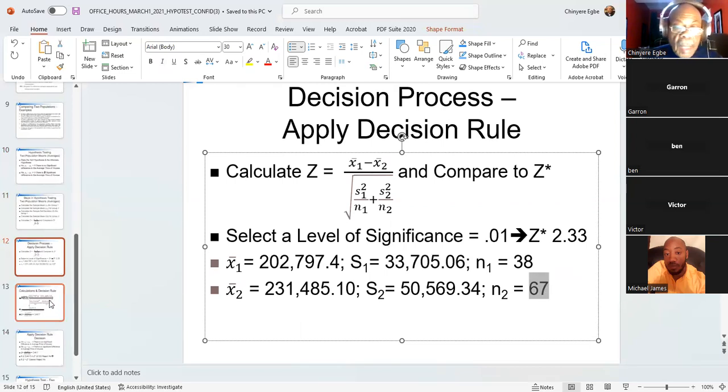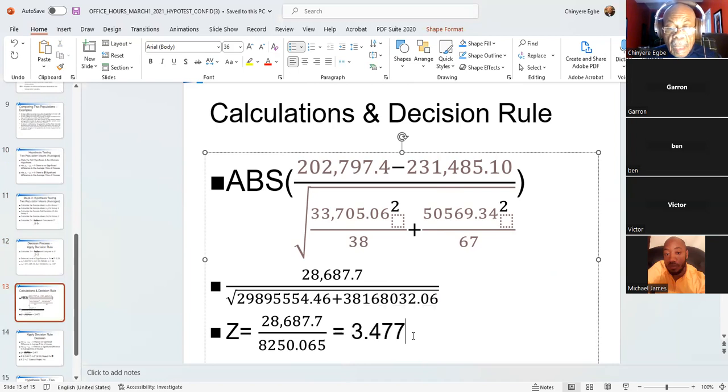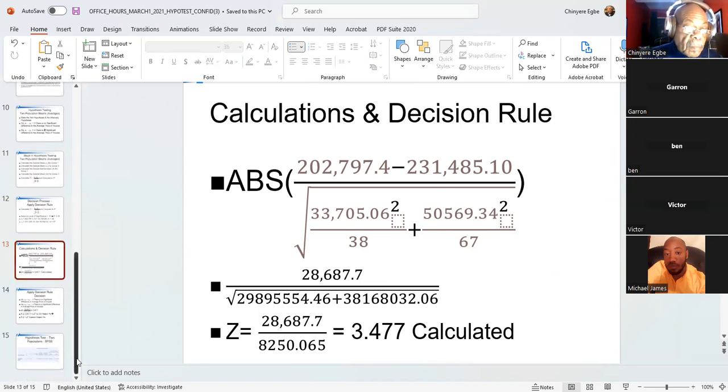So then you go through the calculation and you use the absolute value to make your decision, calculation and decision rule. So your calculated Z is 3.477.